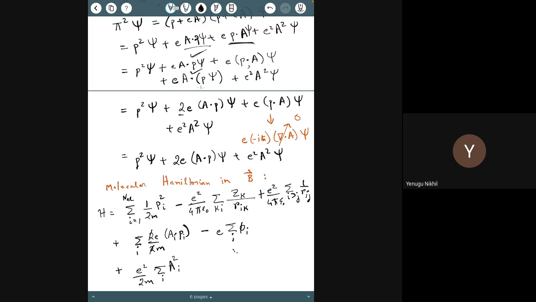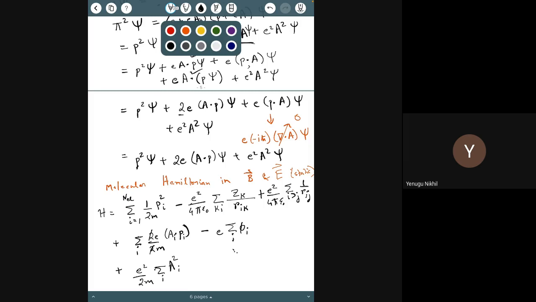Okay, so now we've covered all the interactions in the molecular Hamiltonian in a magnetic field, and since I've written the scalar potential, I might as well write the electric field as well, but static. If it is not static, then everything becomes far more complicated.